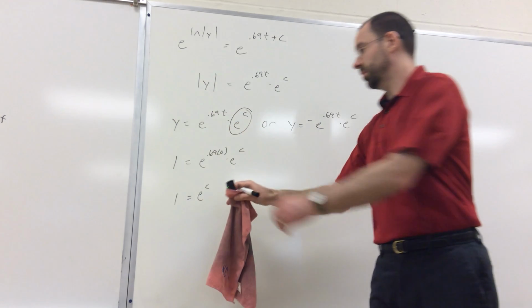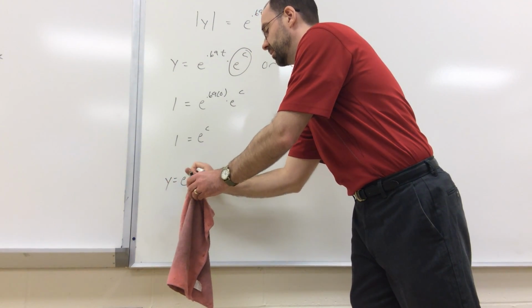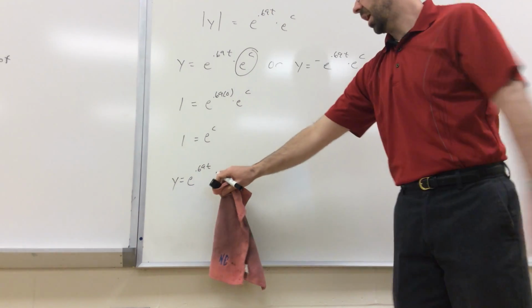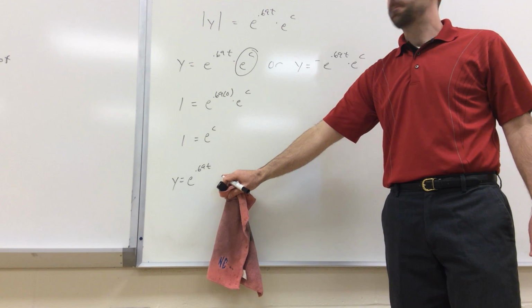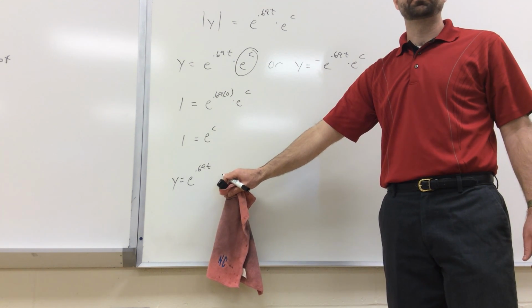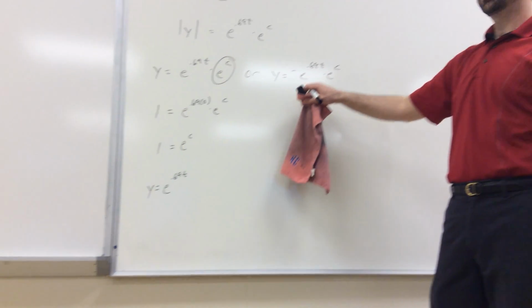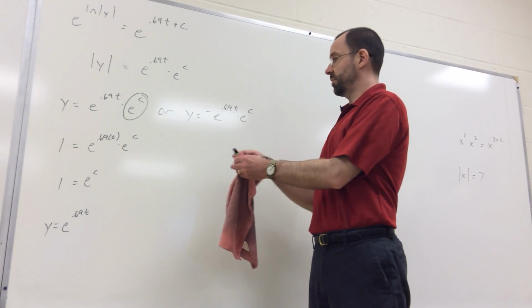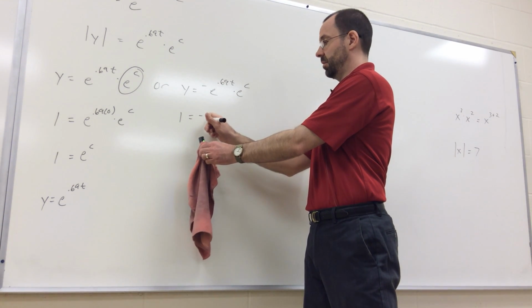So the final answer here is y equals e to the 0.69t times 1, but I don't really need to write the times 1. Okay, now let's try this. I know I'm supposed to get a 1 out if I stick a 0 in.